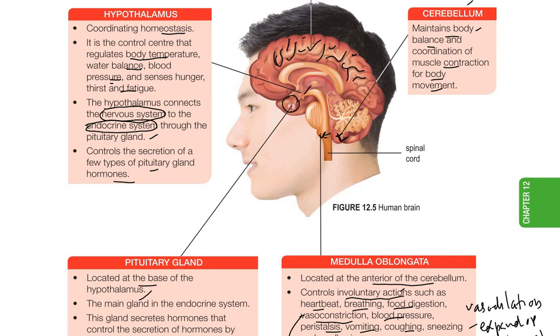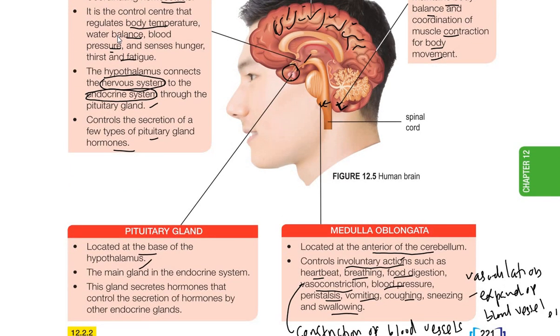It is the main gland in the endocrine system. This gland secretes hormones that control the secretion of hormones by other endocrine glands, so it connects the nervous system with the endocrine system.